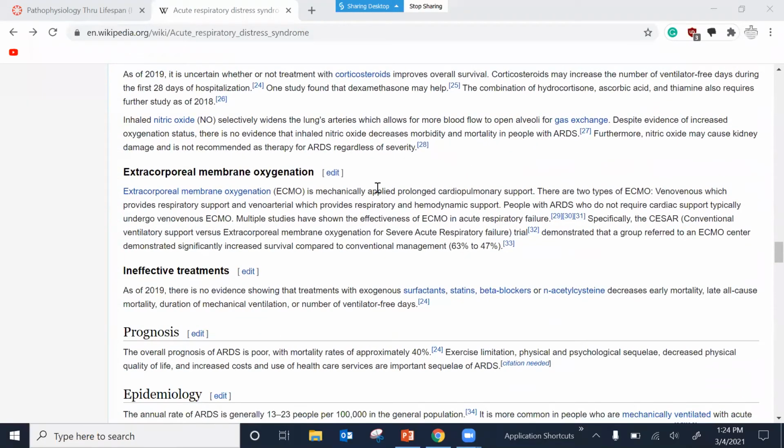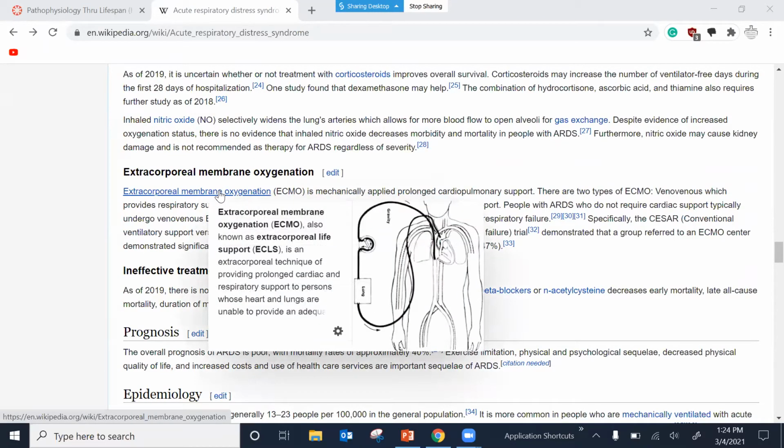Another thing, if you decide to go work in an ICU, is ECMO. And what is ECMO? Well, it has a whole paragraph that explains it, but there's also a hover to discover feature. To be an ICU nurse that takes care of ECMO patients, you have to have additional training.